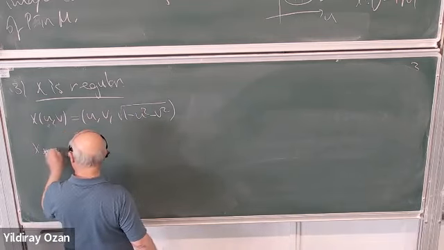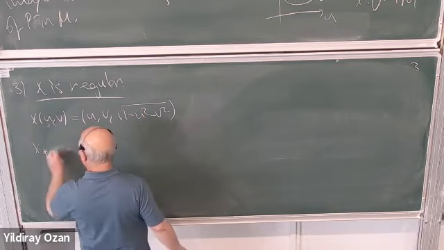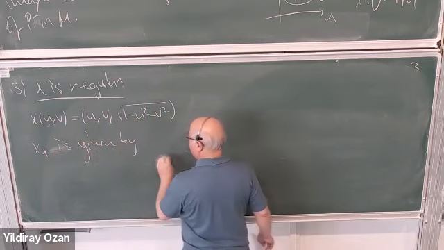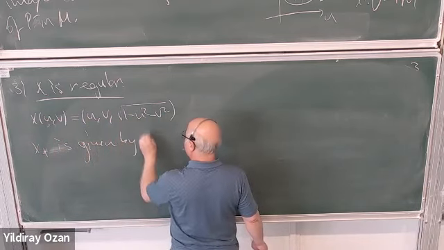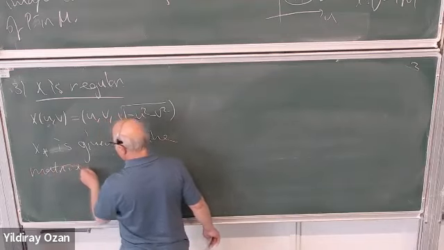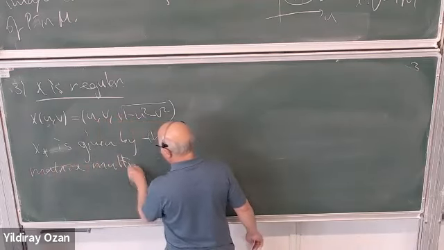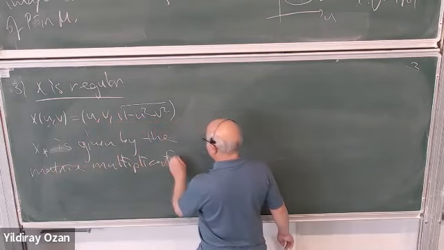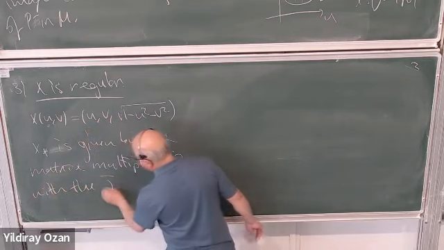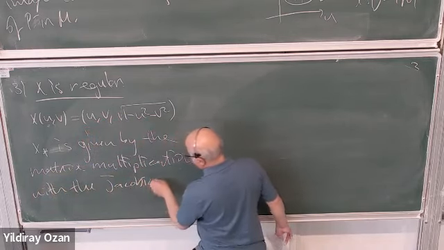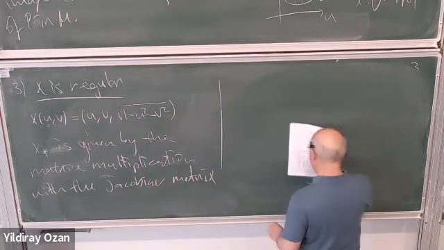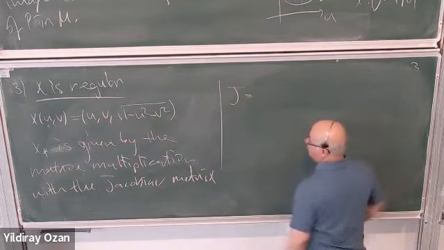So this is given by matrix multiplication with the Jacobian matrix J, right?